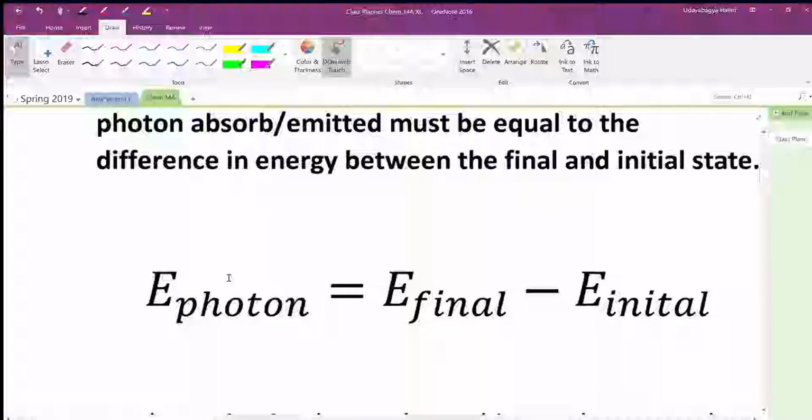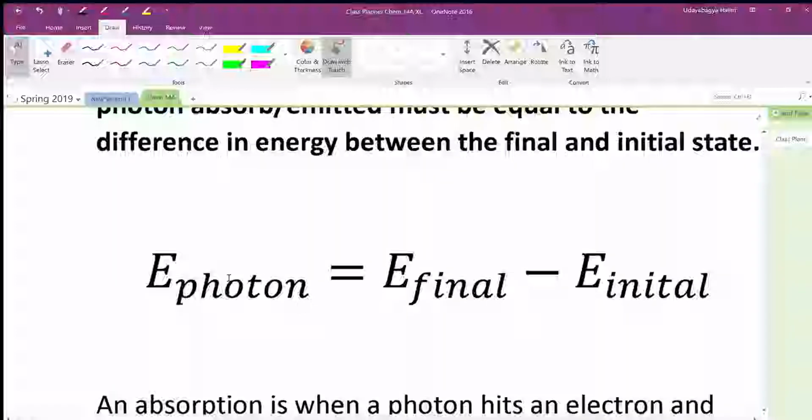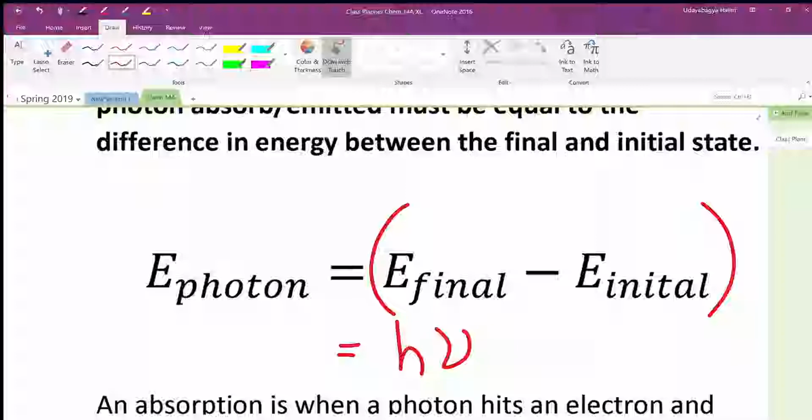Whatever that energy difference is going to be the energy of your photon, and whatever this value might be is going to be equal to hv if you're interested in frequency, or equal to hc over lambda if you're interested in the wavelength. So at this point, we're simply combining two different equations together.